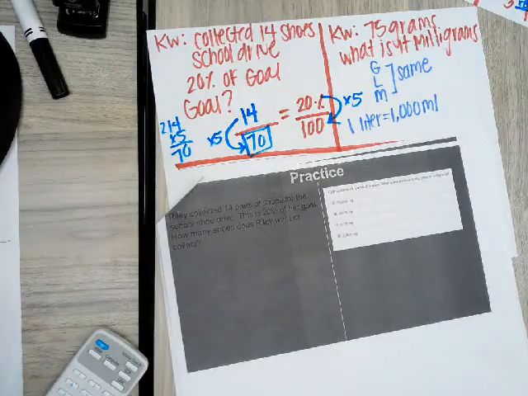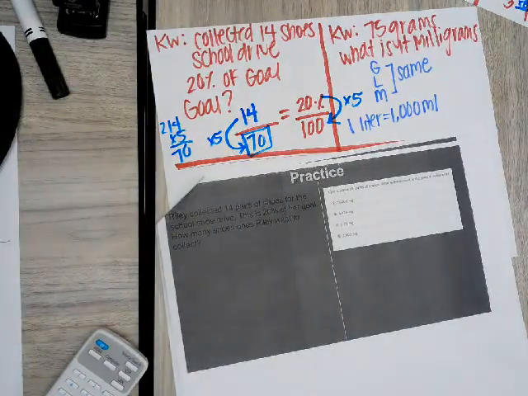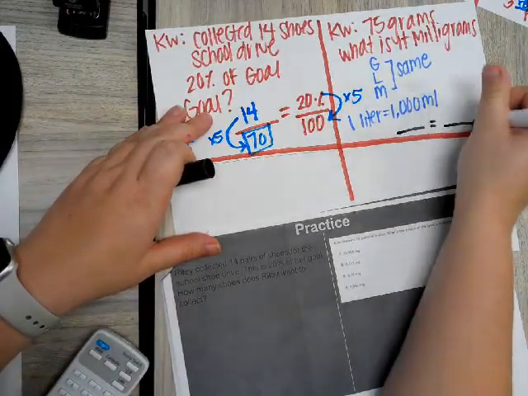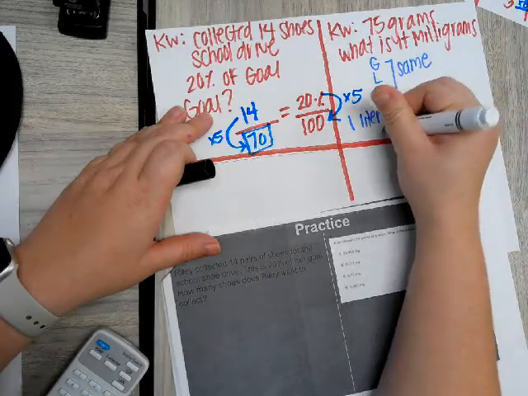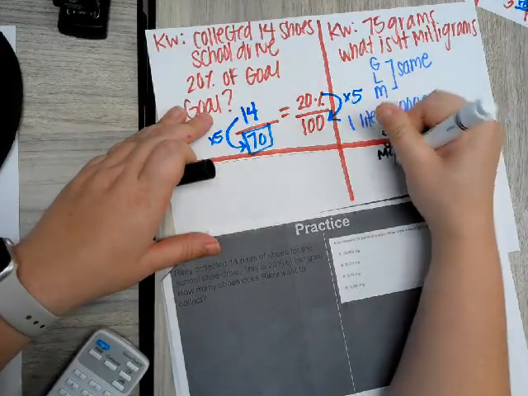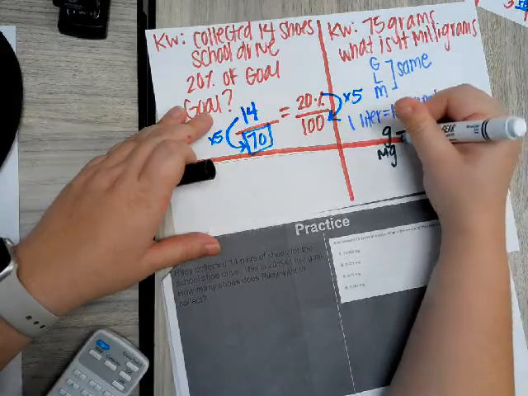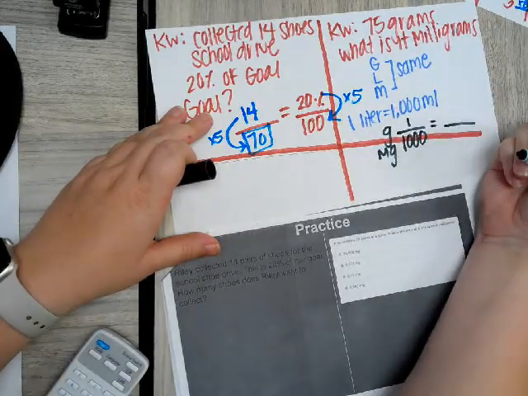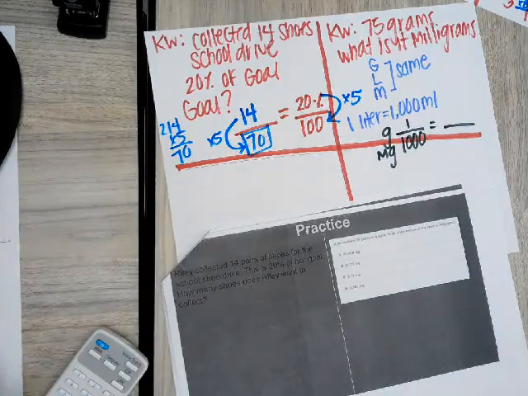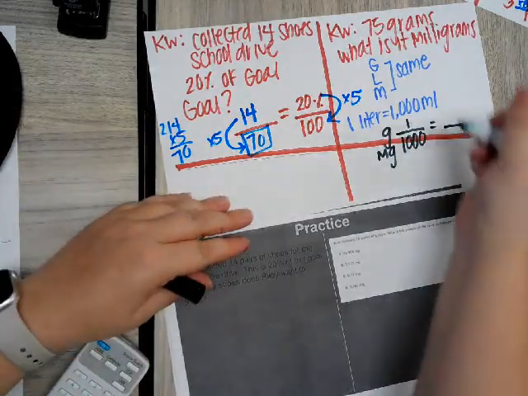So if I was to make a proportion, 1 gram is going to equal 1,000 milligrams. Okay, but I want to know for 75 grams.